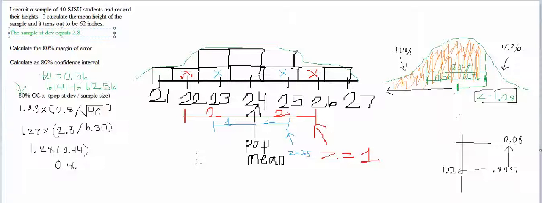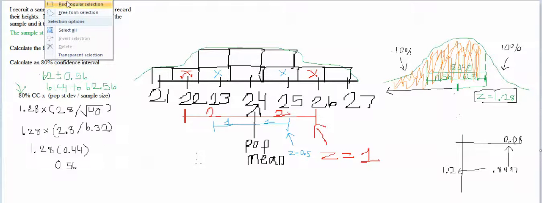What would we do now? Well, we can take out the population standard deviation from the formula and substitute it with the sample standard deviation.